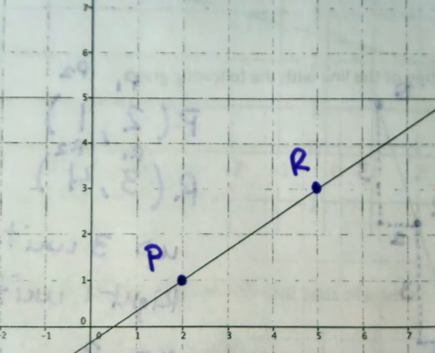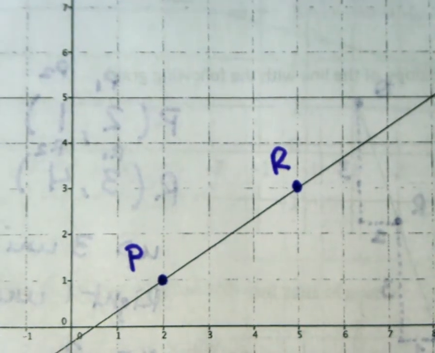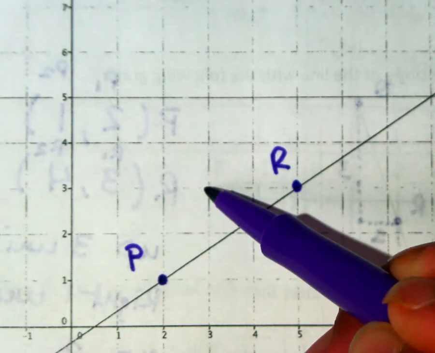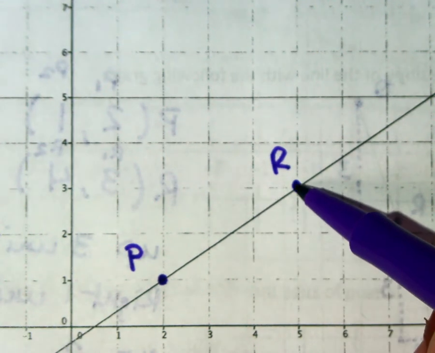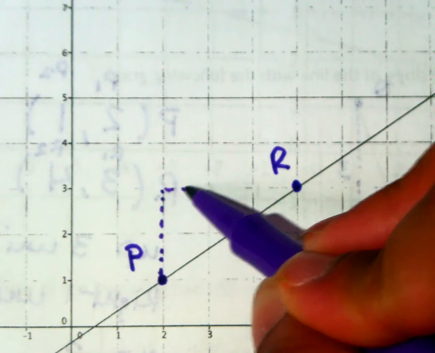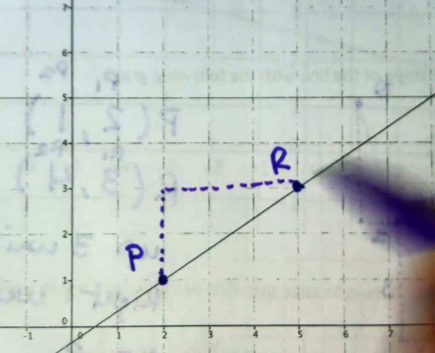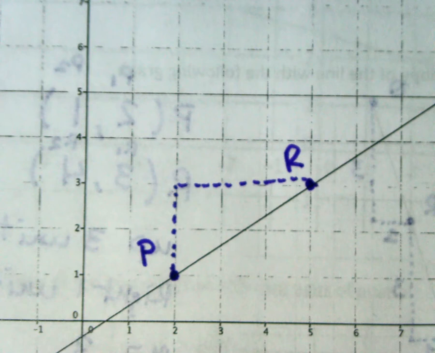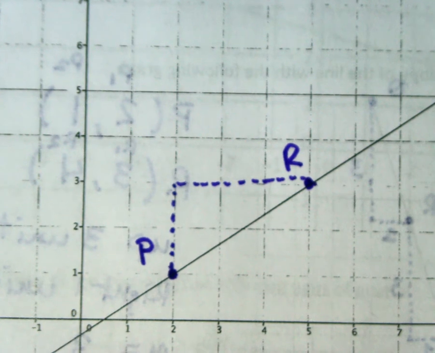That means to go from point P to point R, I should be able to move up 1, 2, and to the right 1, 2, 3 to find point R. I'm going to go ahead and create my slope triangles. Using another slope triangle, please locate the next point on this line.